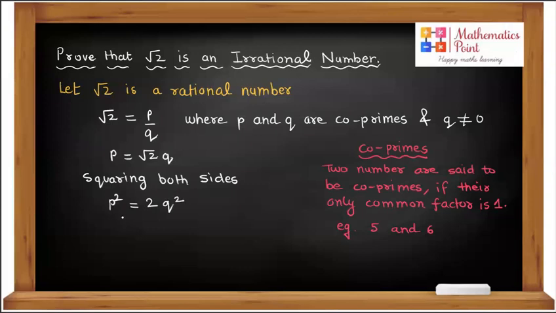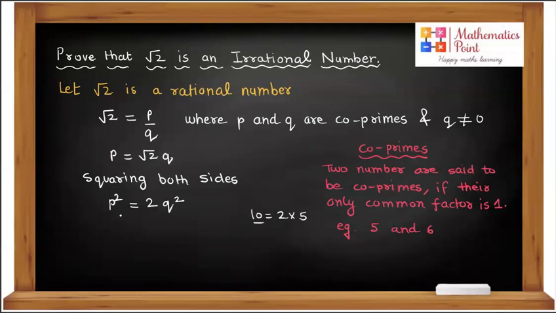Now, it is very important to understand this point. When I say P square is equal to 2 into Q square, it means I can say that 2 is a factor of P square. How? Very simple. I am telling you with the help of an example. Suppose if I write 10 is equal to 2 multiply 5, then 2 is a factor of 10 because 2 divides 10.